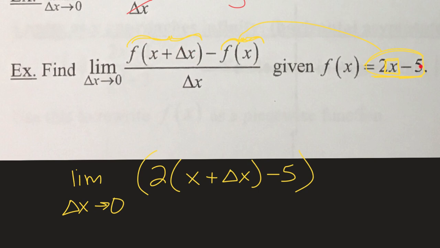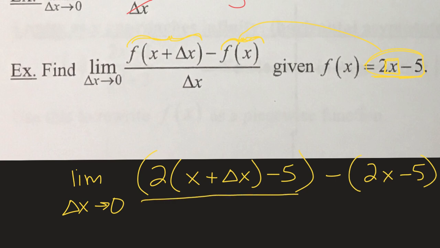In your equation, replace the x value with x plus delta x. So this is our first step, replacing x in our function with this sum. Minus, it says now subtract off the original function. So we're going to subtract 2x minus 5. That's your original function.